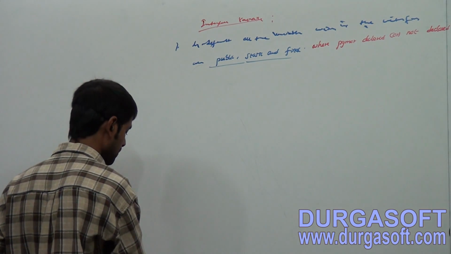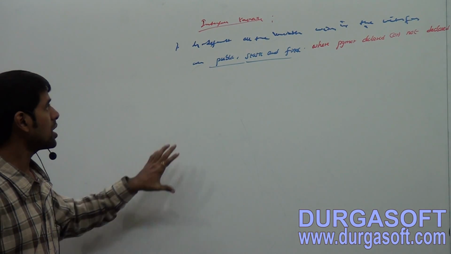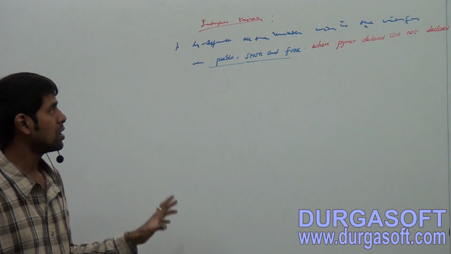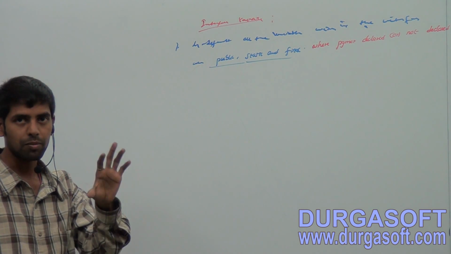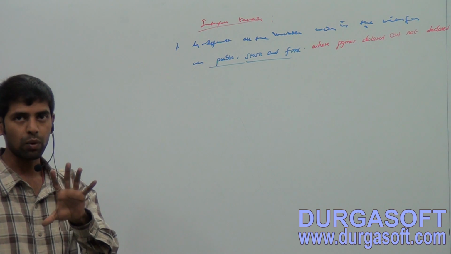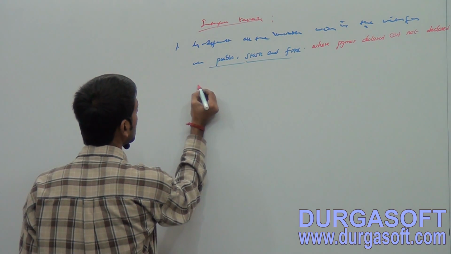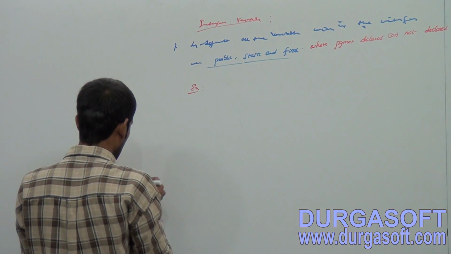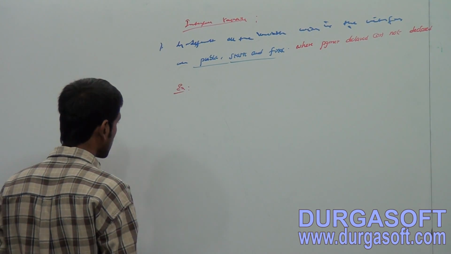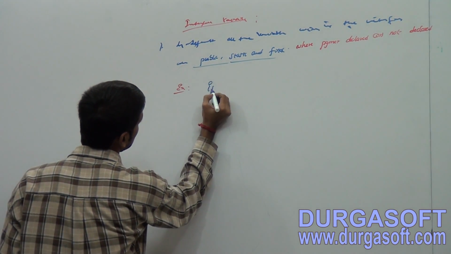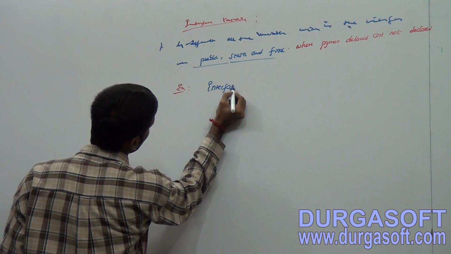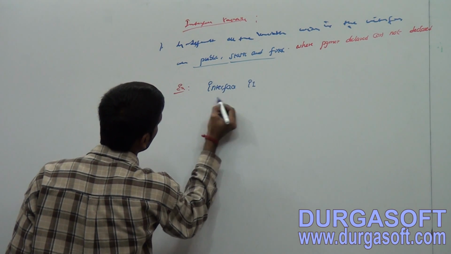Now observe why these variables are made public, static, final. We have to know the reason. Think that we have an interface with the name I1.